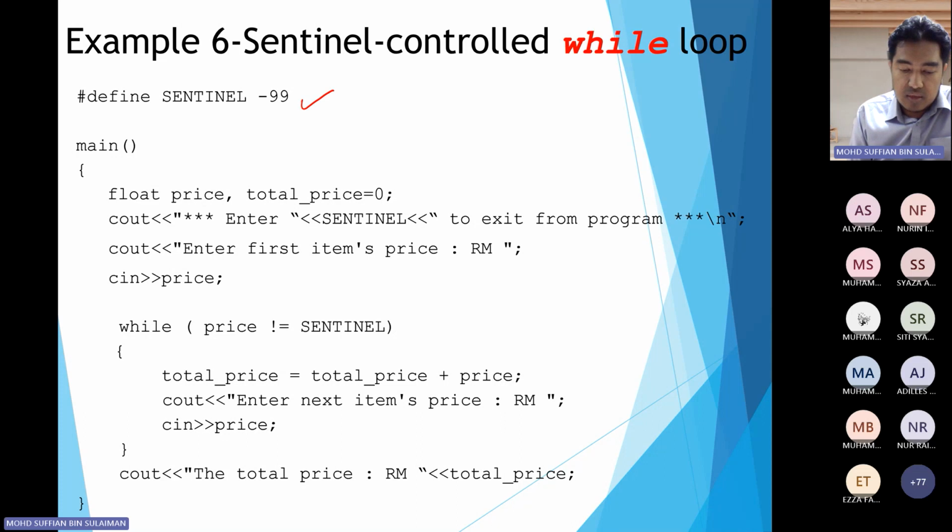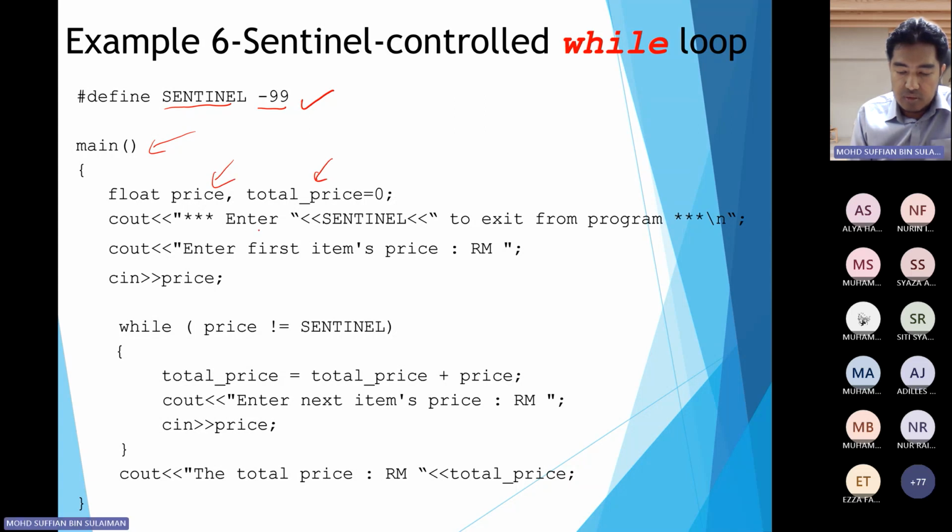So we can set the constant. This is how we can set the constant: sentinel -99. We have the main function, and then we have variables price and total price.